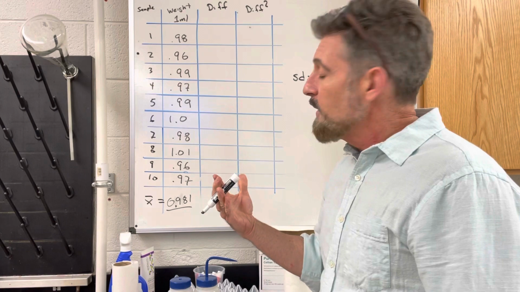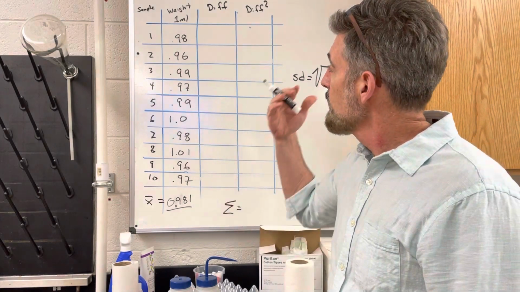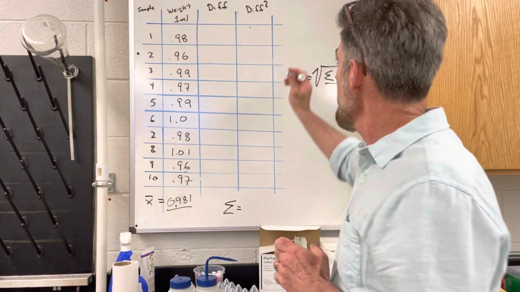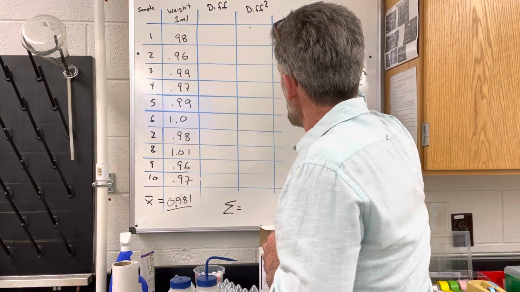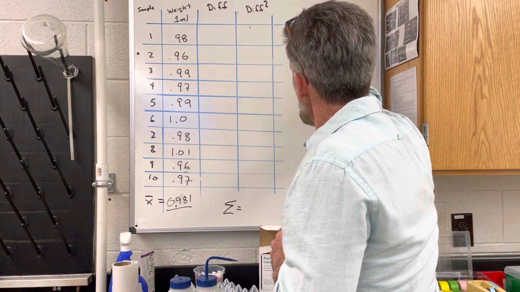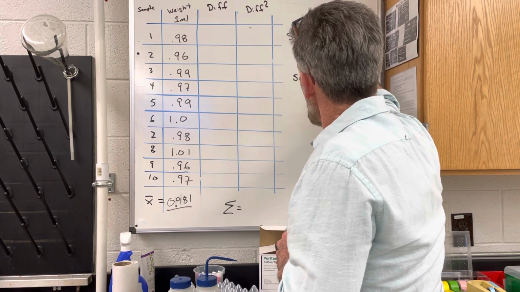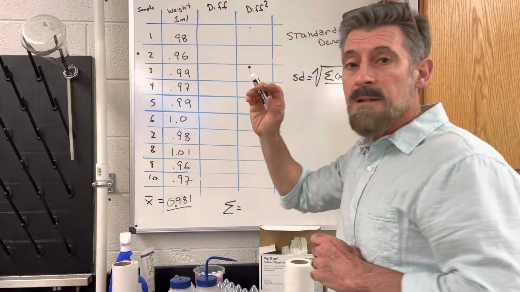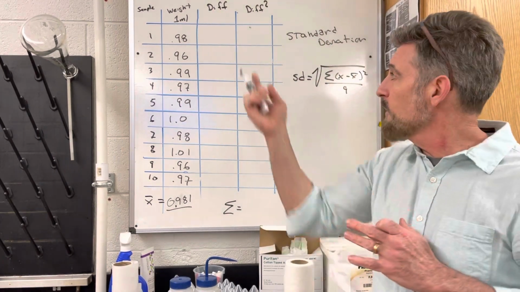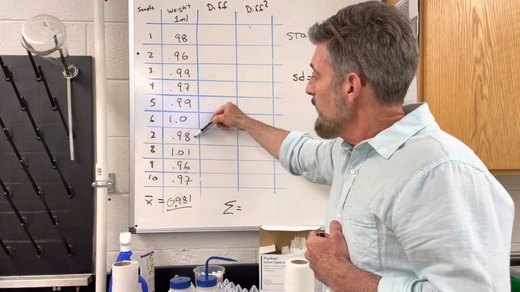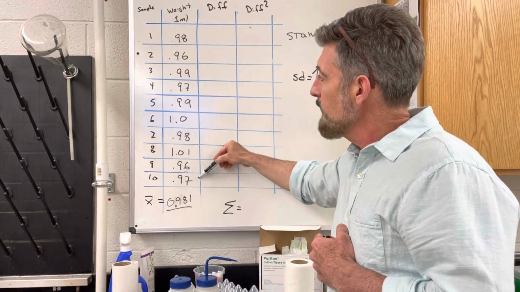The next thing we want to do is look at the difference. So what we want to try to figure out is something called standard deviation. The standard deviation is the variation between your data points, right? So some of them are the same, 0.98 and 0.98, 0.97 and 0.97.